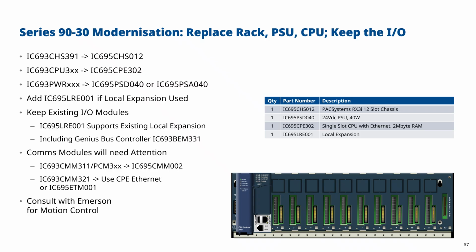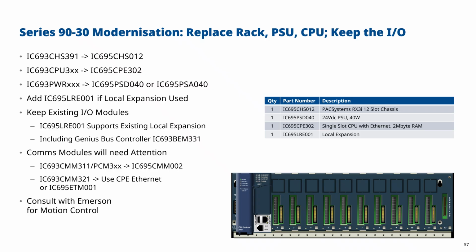So for a Series 9030, we can offer a very straightforward modernization path by letting the user keep the existing I/O modules. Because they're keeping the existing I/O modules, it also allows them to preserve the I/O wiring. So this is a nice low cost, low risk upgrade.